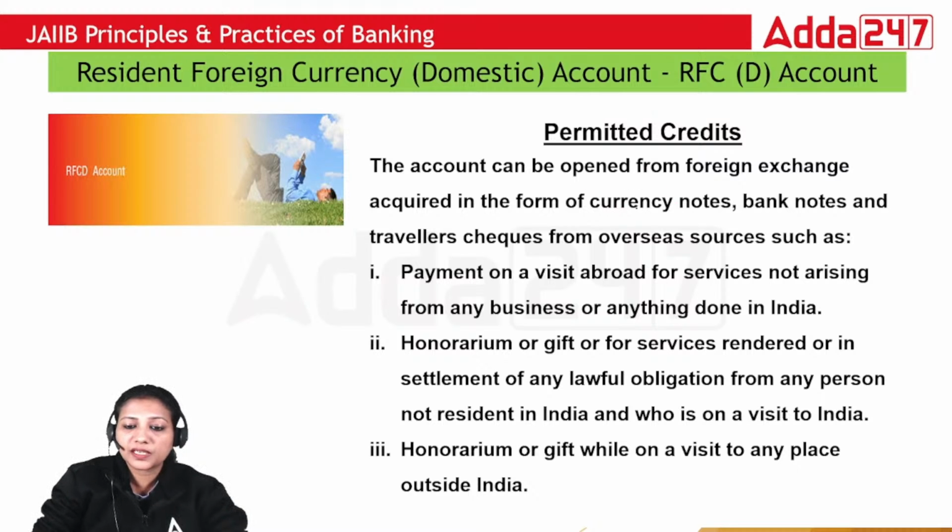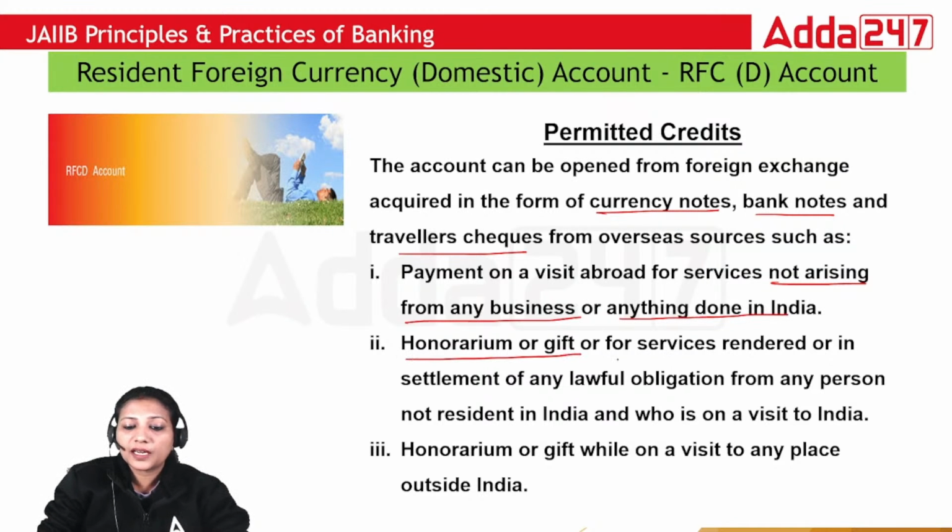So permitted credits can be from foreign exchange acquired in the form of foreign currency, bank notes, or traveler's cheque, payment on visit abroad for services not arising from any business. So it is not because of any business or anything done in India.